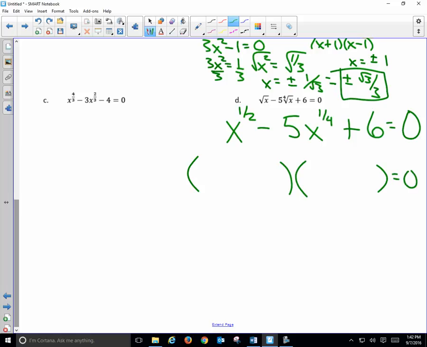What two numbers do you multiply together to get x to the 1/2? X to the 1/4, because x to the 1/4 times x to the 1/4 is x to the 1/2. A fourth plus a fourth is a half. Beautiful.